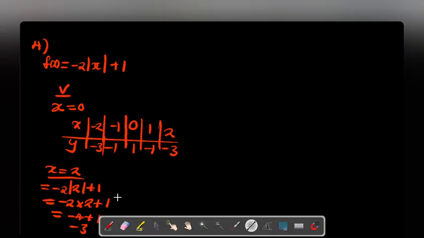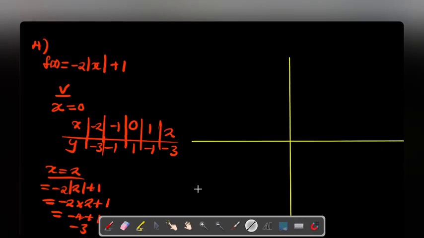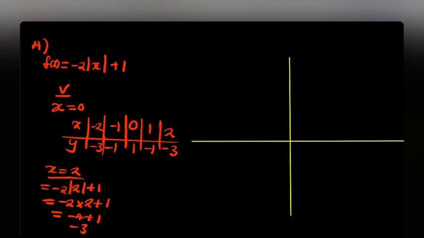So now we need to sketch our graph. Okay, so we need to indicate the values. So for the x, we have that is -1, then here -2.